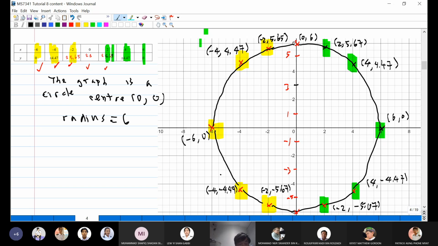Eventually we got this, right? This is the circle here. Center is 0, 0, and the radius is 6 here. You can see from the shape, radius is 6 here. So I can WhatsApp this to you here. No good. Let me draw a bigger one. All right.